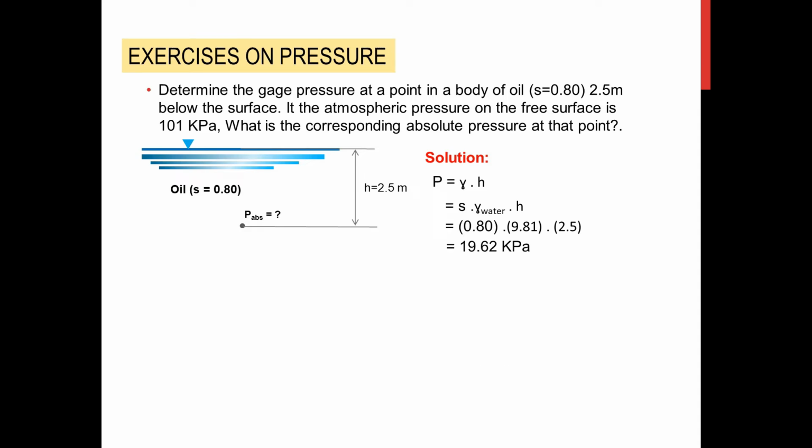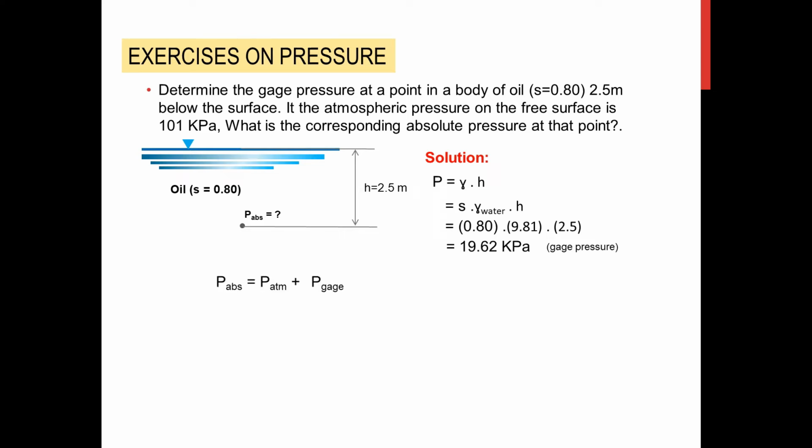Remember that the units are consistent in a way that we use kilonewton per cubic meter and meter for the gamma and the height respectively. Therefore, we come up with the value of 19.62 kilonewton per square meter or kilopascals. So this is now our computed gauge pressure.